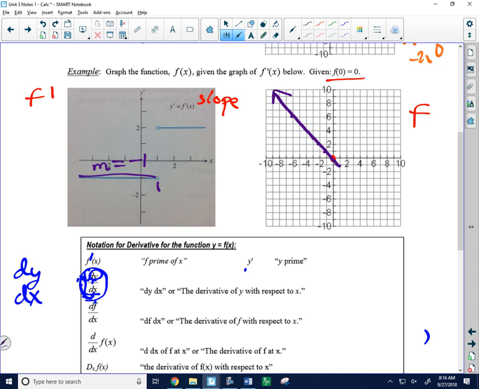And I do it all the way to 1, because that's where I know that the slope is ending there. And then to the right of 1, the slope is 2. And so to the right of 1 over here, I need to go up 2, right 1, up 2, right 1 to get a slope of 2. And that's it.